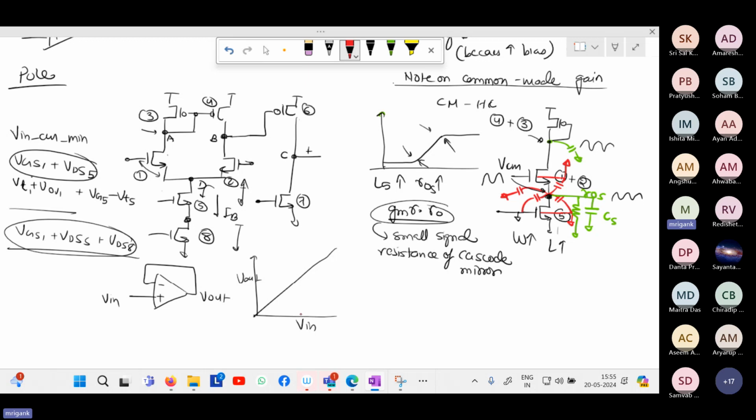Until and unless all transistors are in saturation, the output will not exactly follow the input, right? What will change in this curve? In the lower part, from 0 to a certain value, it will not be a straight line. What will it be?